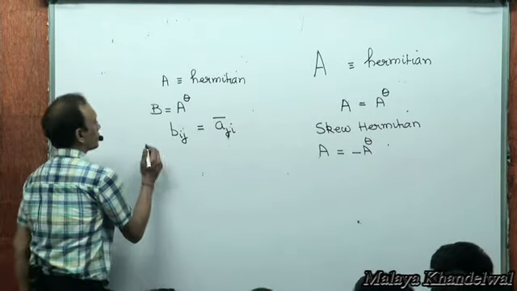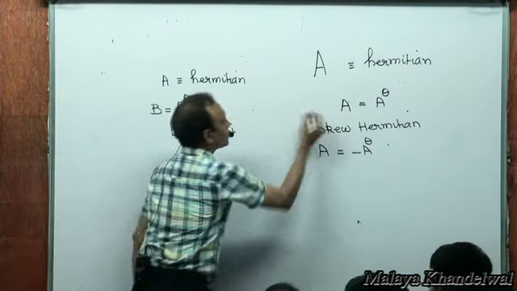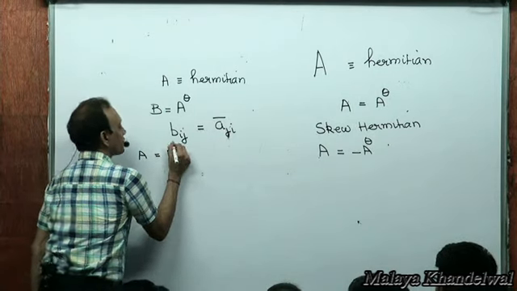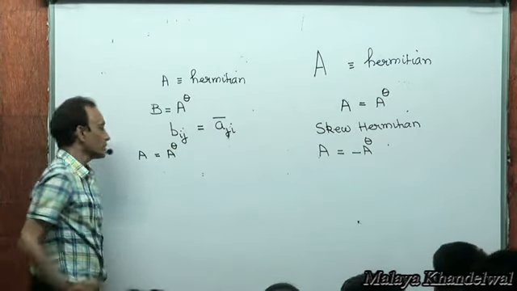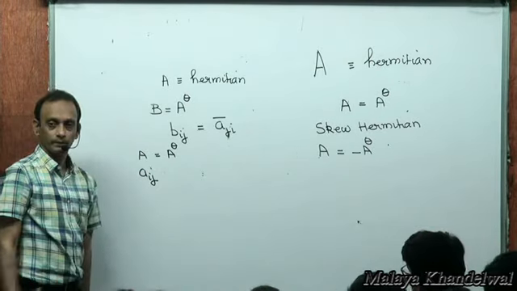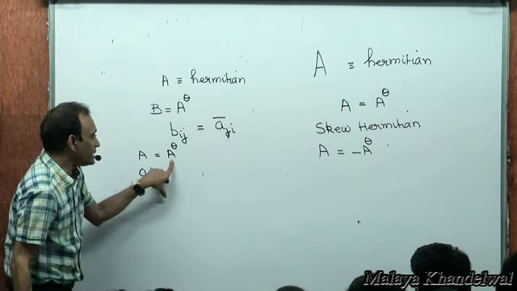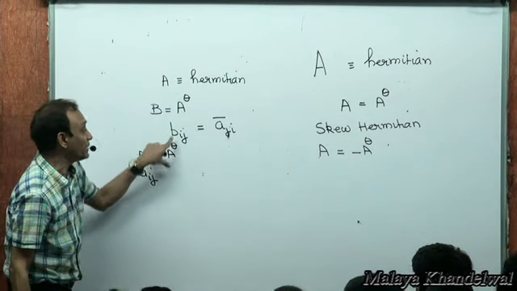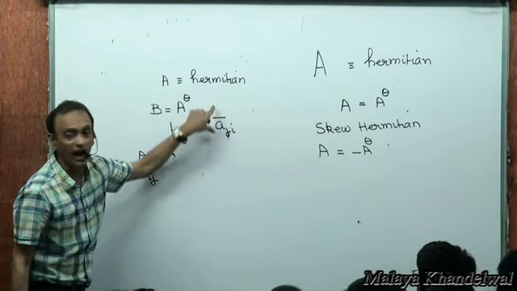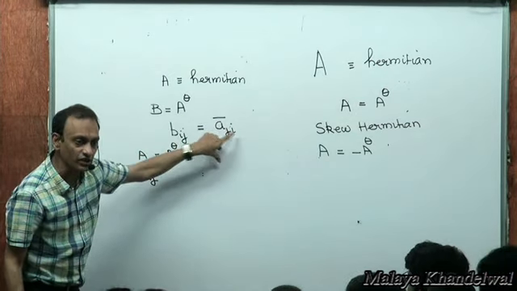Now, that means, look at A in a Hermitian matrix is A theta. Ijth element of this is Aij. And the ijth element of A theta would be AJI conjugate?